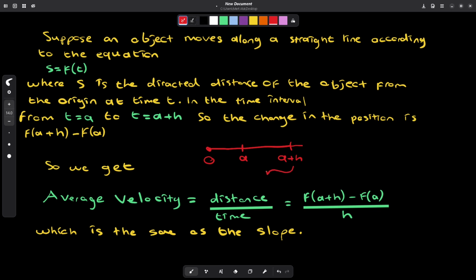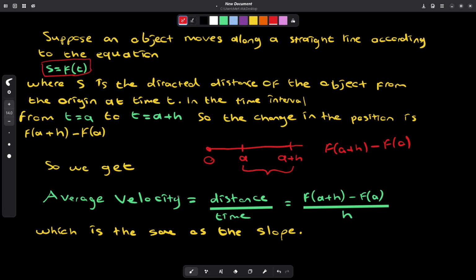There's a distance between. The distance between is f(a + h) minus f(a), because it's moving according to this function we have. And the time is obviously a plus h minus a, which is h.